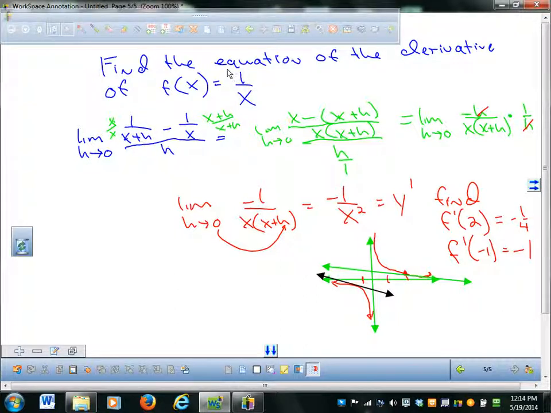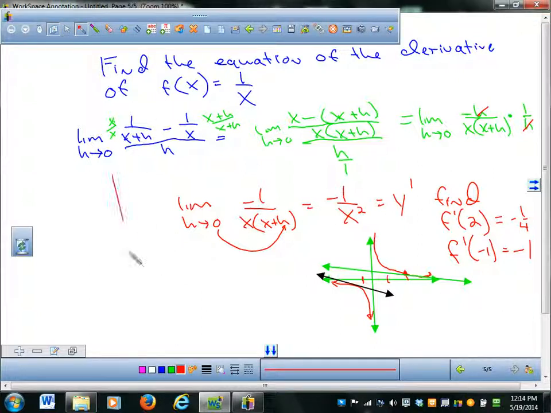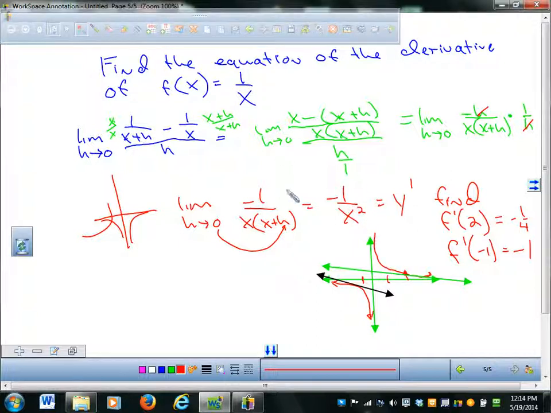The graph of the derivative, 1 over x squared, looks like this, but this is the derivative equation, and this is the original function. The derivative equation gives you the slope of the tangent line at any point.